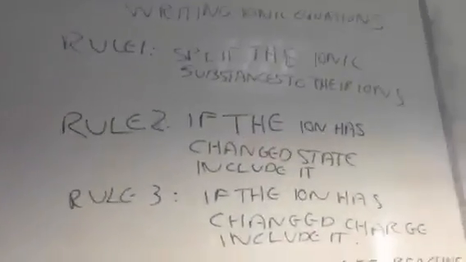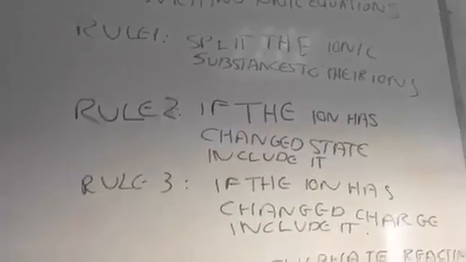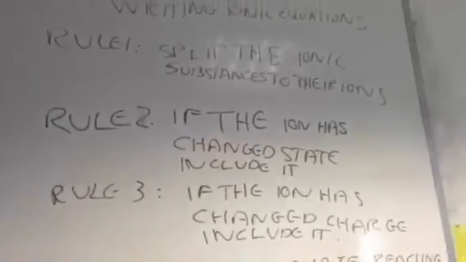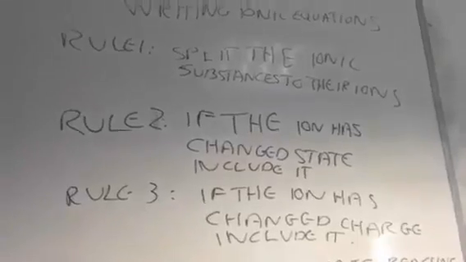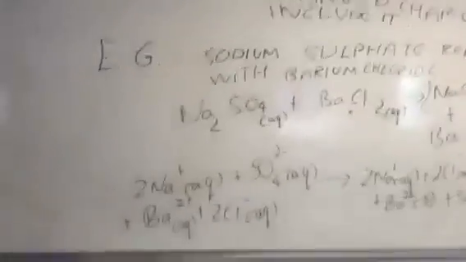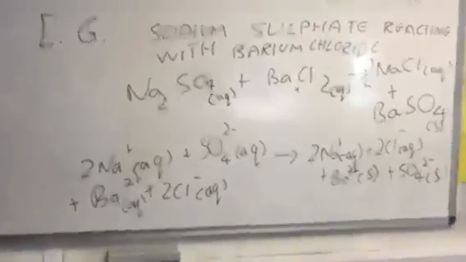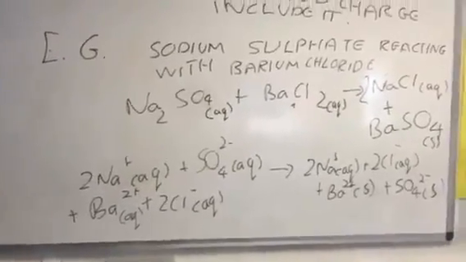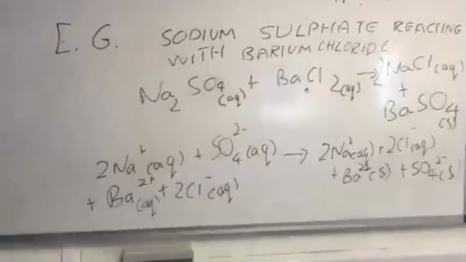So once I've split my ionic substances up, my second rule is if the ion has changed state, include it. If the ion has changed charge, include it. So I can look at my different ions and I can see that the sodium ion has started off as a 1+ charge and it's ended up as a 1+ charge.